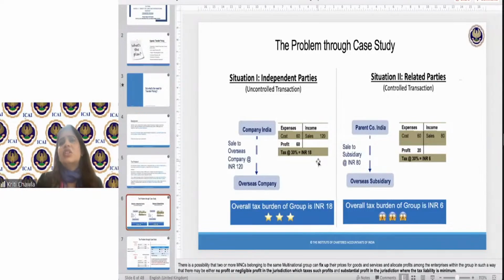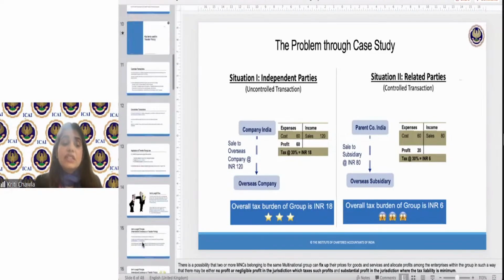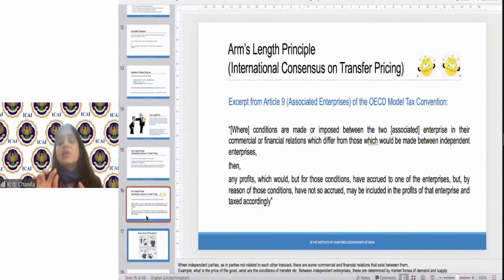Well, they were interacting on demand and supply. As I mentioned, the company in India would always want to sell at the maximum price possible, and the overseas company would always want to purchase at the lowest amount possible. So they negotiated on these commercial and financial relations, and they came to a price of 120 rupees. So when independent enterprises transact, they transact using these commercial or financial relations.